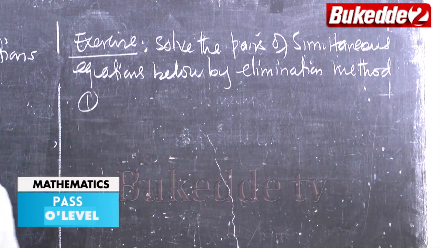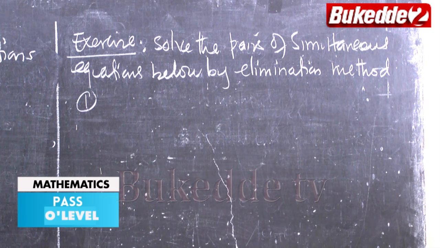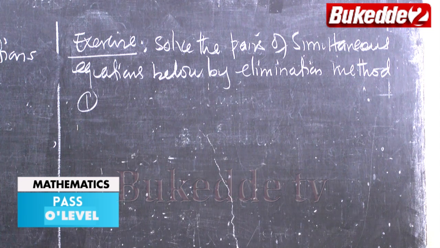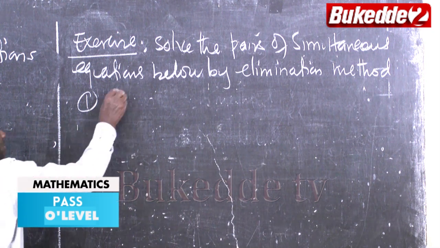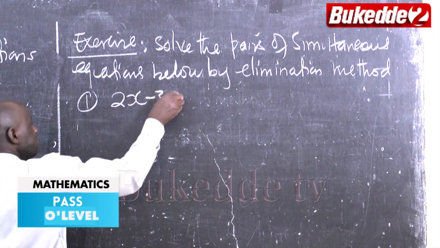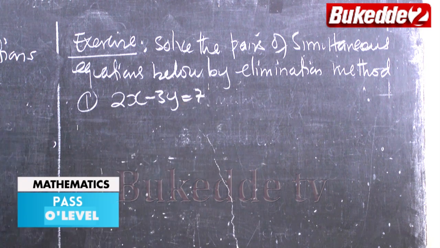So the first one is here. We're having 2x minus 3y is equal to 7, whereas its sister equation is x plus 4y is equal to negative 2.